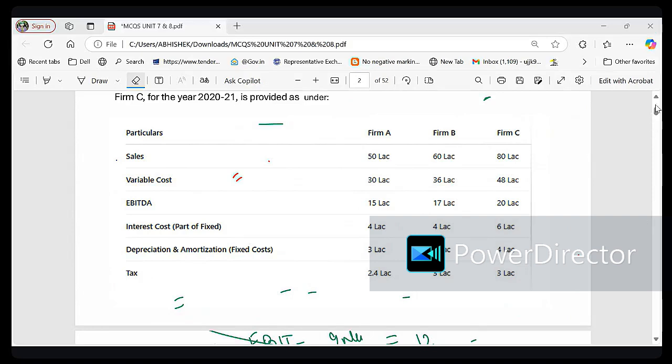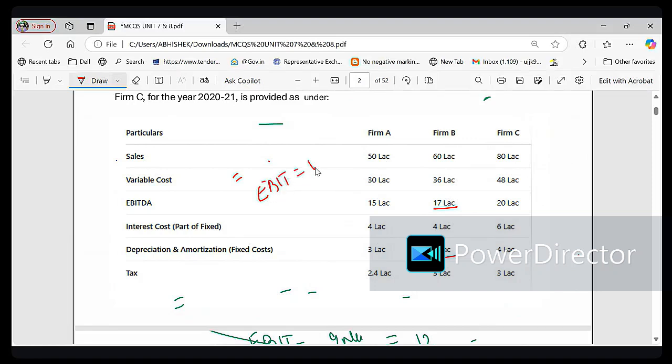So let me explain. For Firm B, DFL is EBIT upon EBT. For Firm A, we have just calculated 1.5. For Firm B, EBITDA is 17 lakh, and from this EBITDA we subtract the depreciation, so we get EBIT, which is 14 lakh.